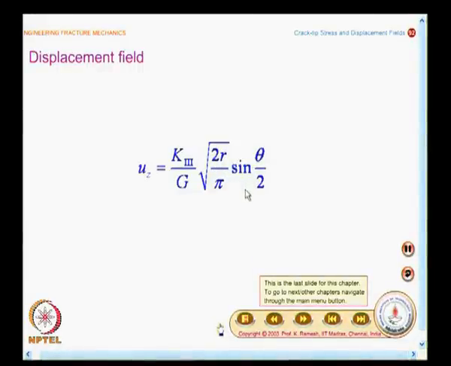In fact, if you compare these expressions with what you had seen in the case of mode 1 and mode 2, the displacement field is bounded. When r tends to 0, displacement is a finite quantity, in fact it goes to 0, whereas stresses become theoretically infinite, because it is a singular point.